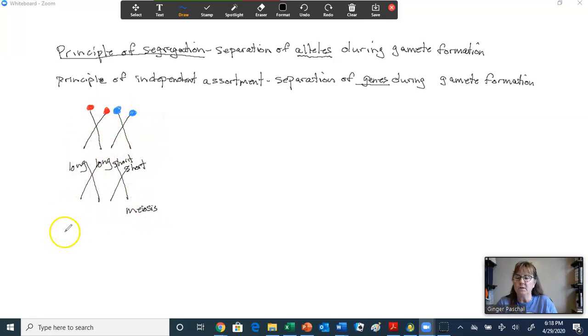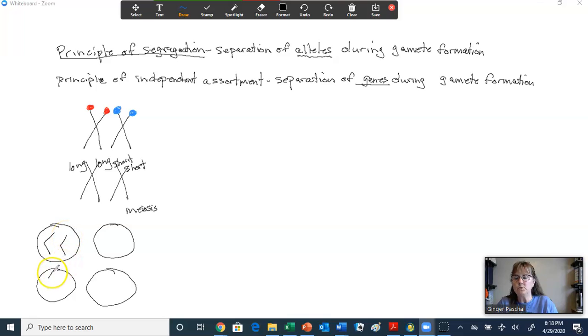with all four of these chromosomes, with these homologous pairs, at the end of meiosis, we are going to have 4 daughter cells. Each of those daughter cells will have 2 single chromosomes in each cell. We're going to have 2 that contain chromosomes that code for a red structure, 2 that contain chromosomes that code for a blue structure.